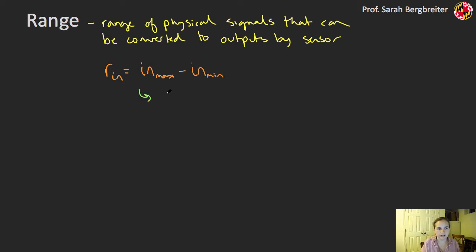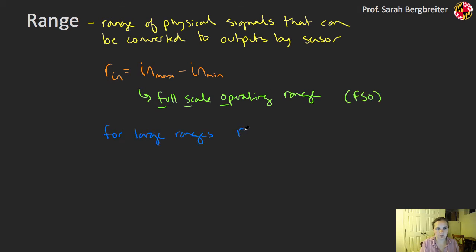You might often find this on a data sheet written as full-scale operating range, or FSO. And when you have particularly large ranges, we often define that range, instead of this just basic subtraction here, using decibels instead. So in this case, that range in decibels is going to be 20 log of the ratio of that maximum input to the minimum input, and that's in decibels once again.